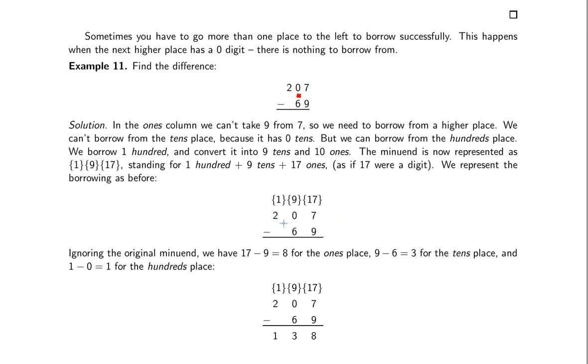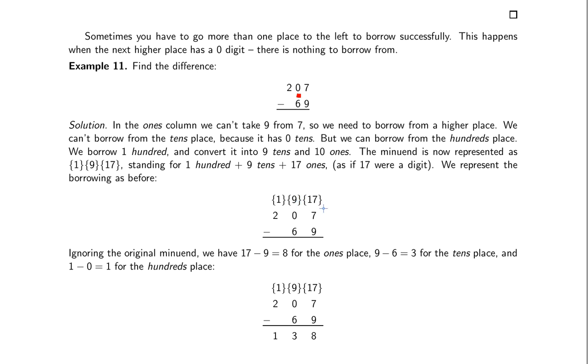Okay, so again, we had to borrow one of the hundreds. So there's 100 left. The 100 we borrowed turned into 10 tens. We borrowed one of those 10 tens, so now there are 9 left.